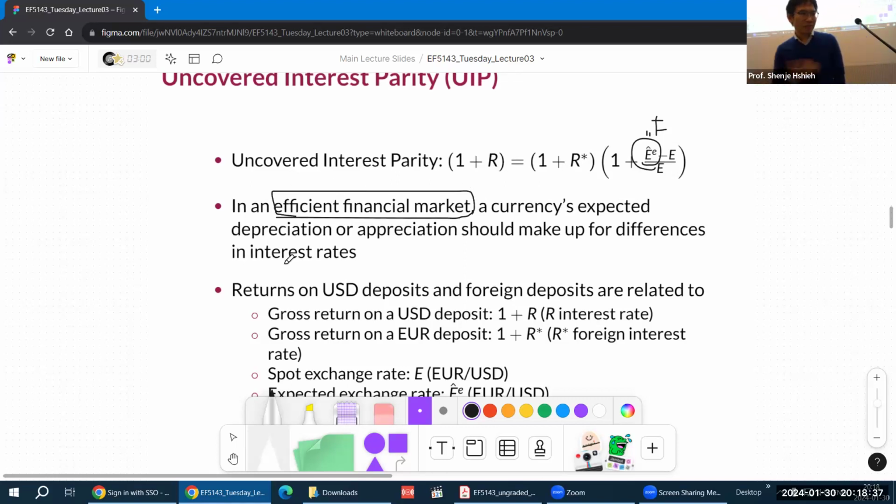As I stated earlier, efficient markets is not just about transaction costs, right? It's not about the size of the bid-ask spread. It's not just about the ease of liquidating certain things. It's more than that. It's about information aggregation.